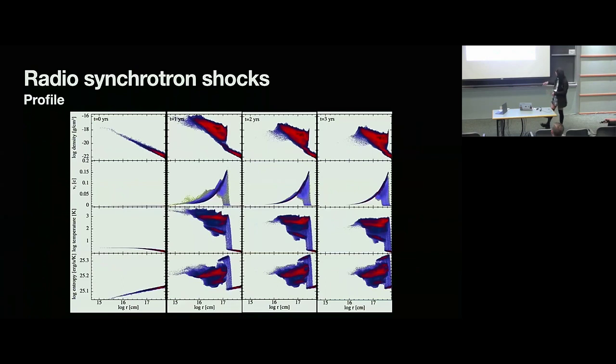Also, I'm not sure if you can see, the outflow decelerates a little bit, but not too significantly. So it could be because the mass in the circumnuclear material is not high enough, or we need some other things to do that.